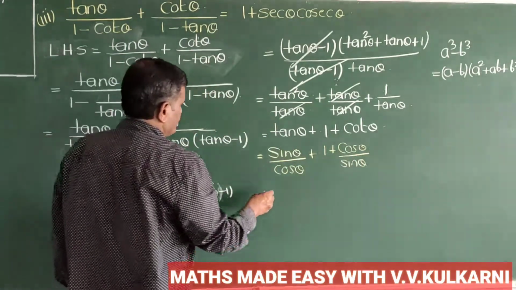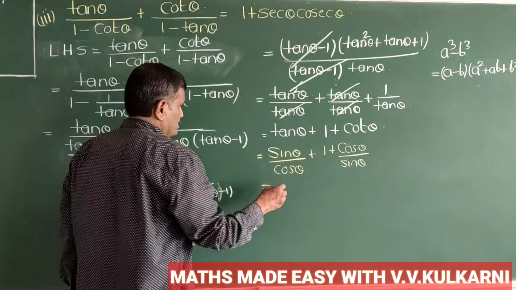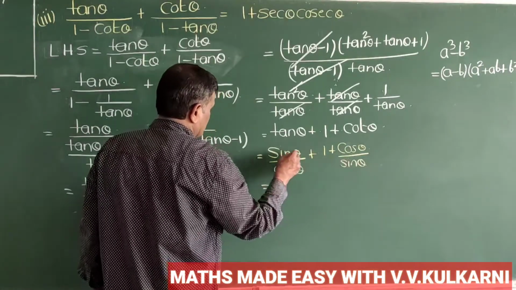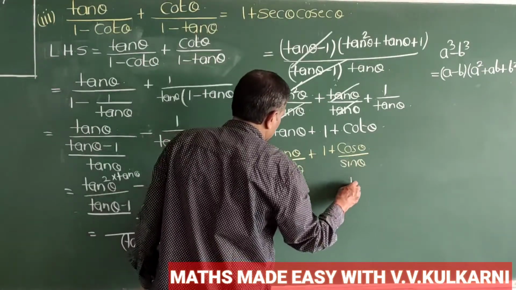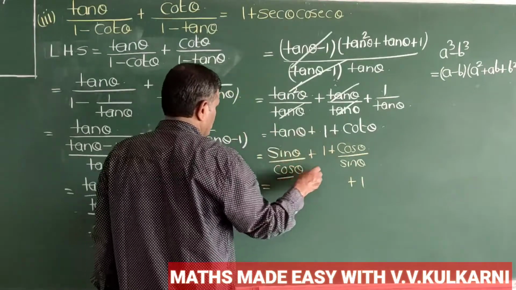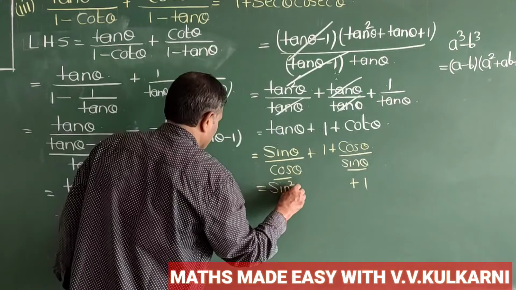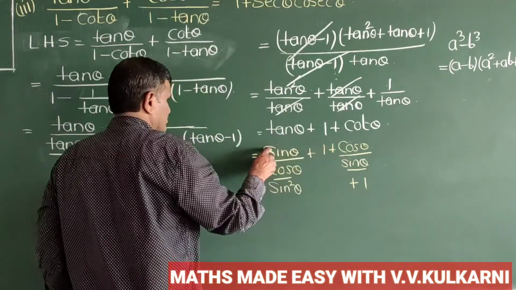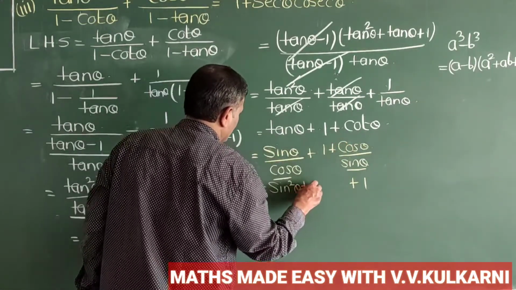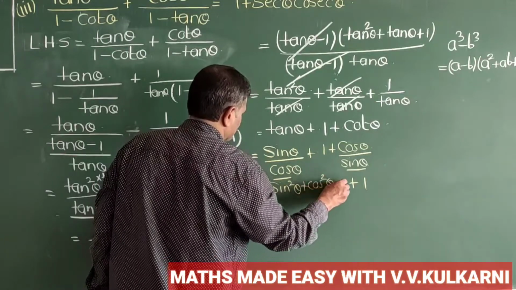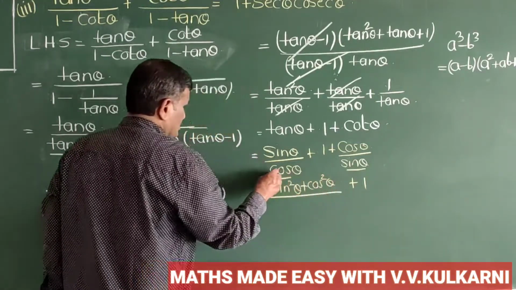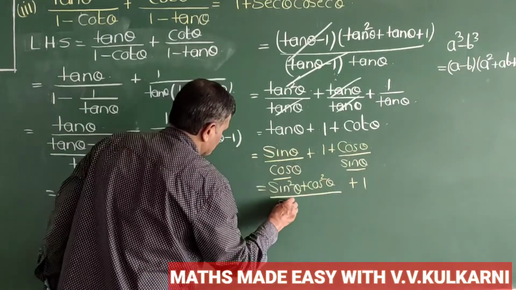So what I will do here is, I would like to take the LCM of this, 1 I would leave it here, and these two I would like to add here. See here, what I am getting here is sin squared theta. Here this I'll get cos squared theta divided by this, sin theta cos theta.